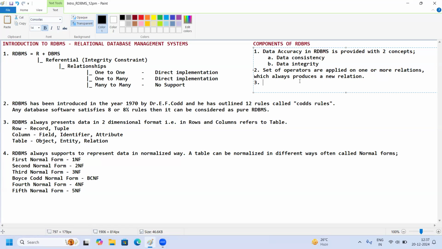You are going to apply them on tables, and whenever you apply them, they produce new tables with the output. You understand? Set of operators are applied on one or more relations, which always produces a new relation.